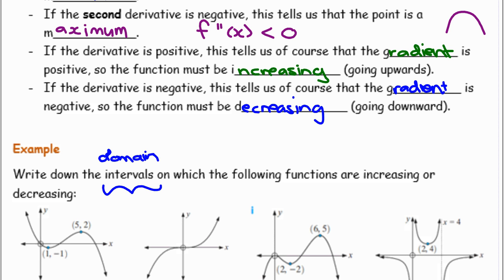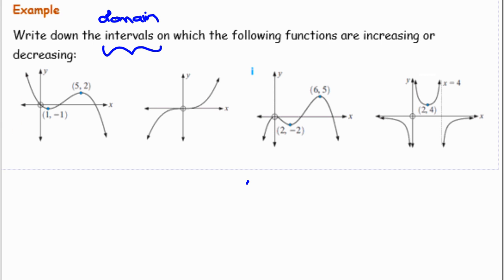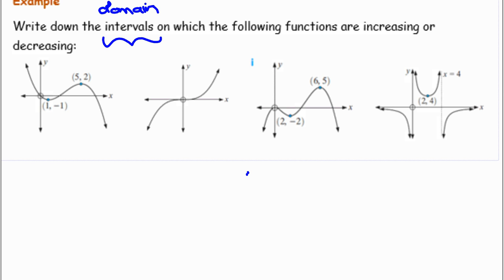Write down the intervals over which the following functions are increasing or decreasing. So I've got to write one set of answers for where it's increasing and one set of answers for where it's decreasing. Sometimes it can help to graph it. How would you explain where it is increasing?